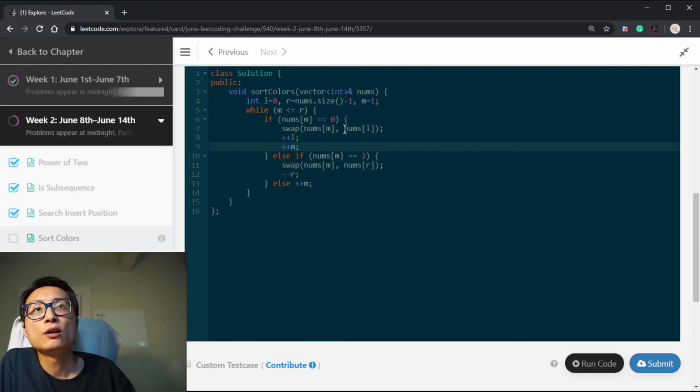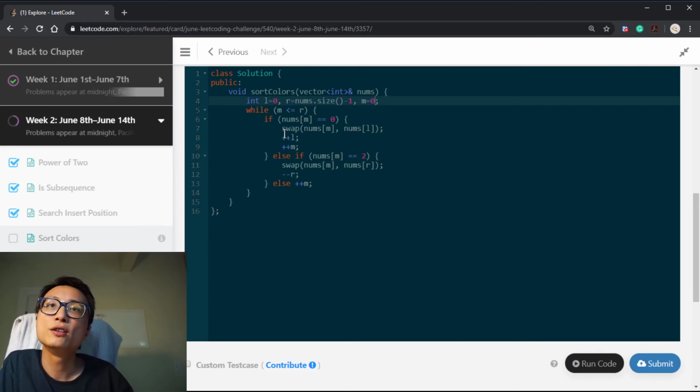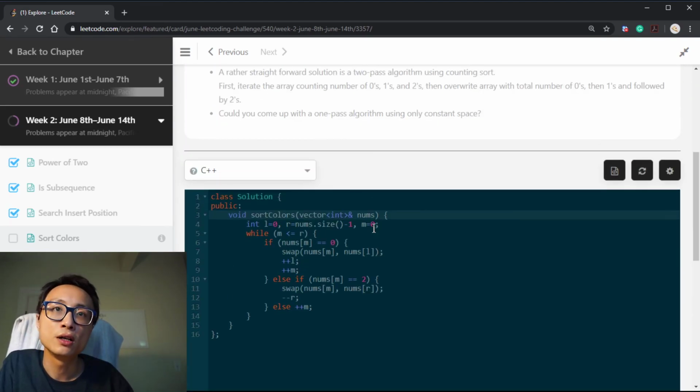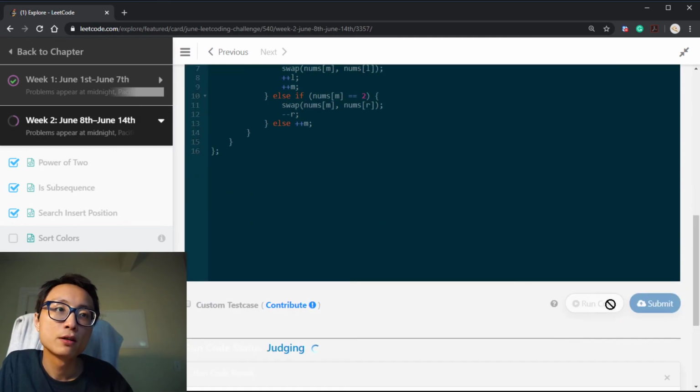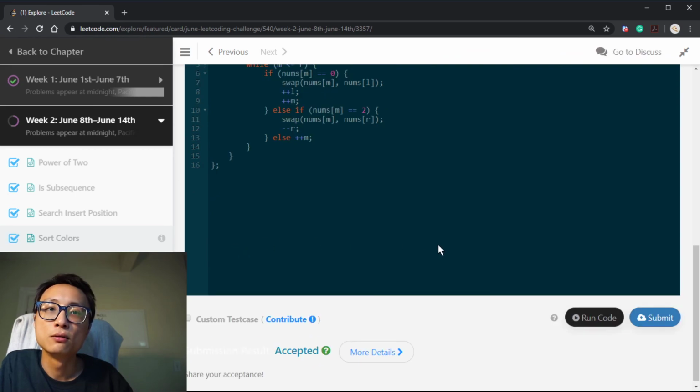I think I should start with 0. Otherwise, this swap can actually put a 2 over here if it's a very initial one. Okay, so I should actually start with 0. Good catch, test case. Thank you.